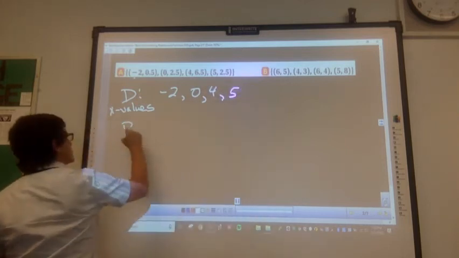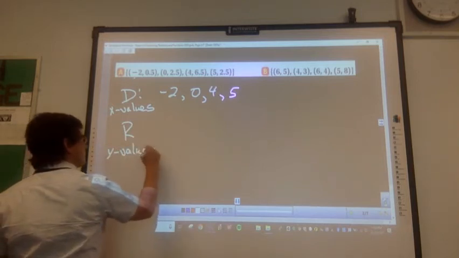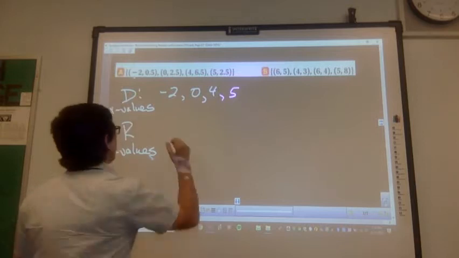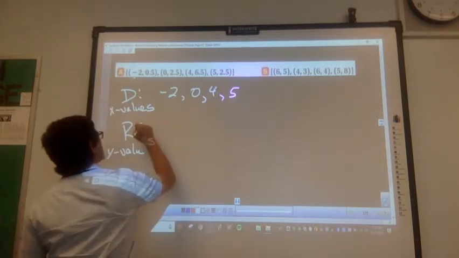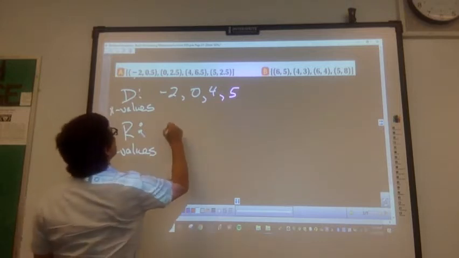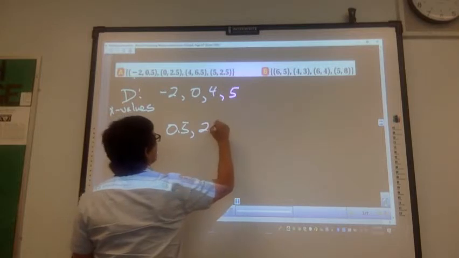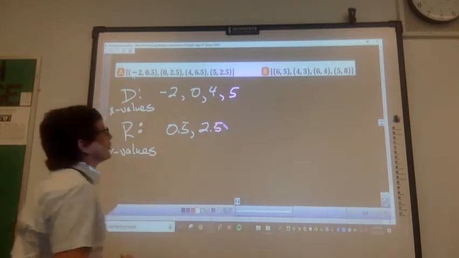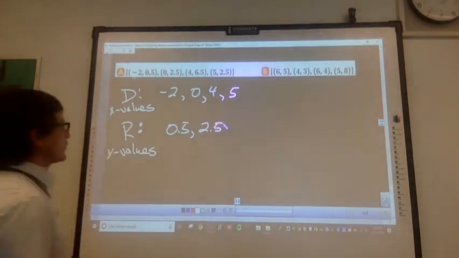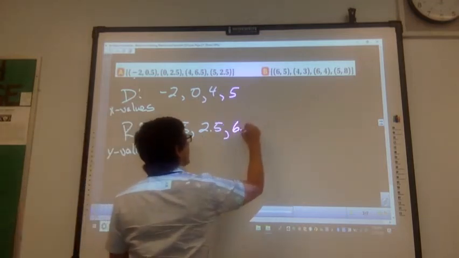Okay, range is your y values. And range, in this case, goes from 0.5 to 2.5. Realize we have a 2.5 that repeats, so I'm only writing that one time, and 6.5.